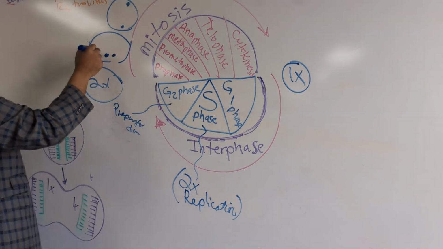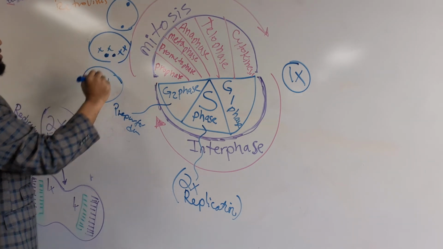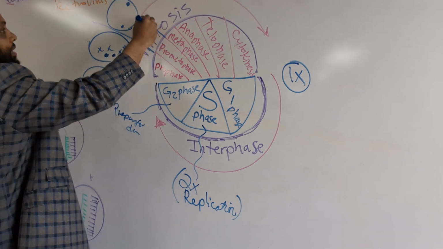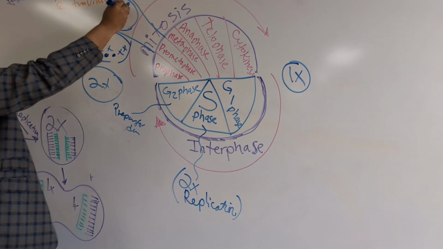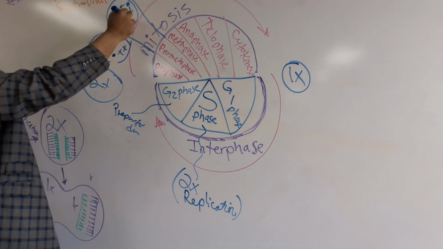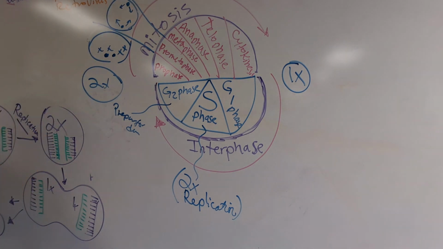These are my chromosomes. In prometaphase, they start to send out, away. The arrow is going to point away from the centrosomes, from the centrioles.